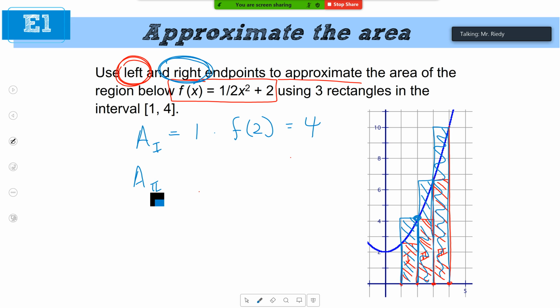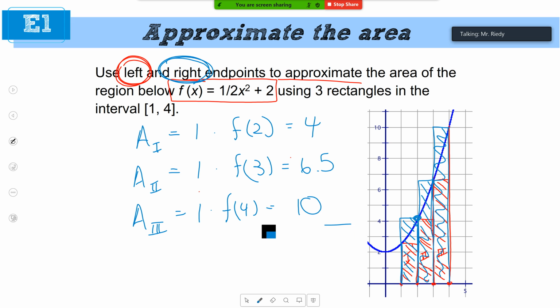Area of rectangle number 2, we also did already. F of 3, which was 6.5. Now a new one. Rectangle number 3 is 1 times f of 4, which is 16, 8, 10. 20.5.